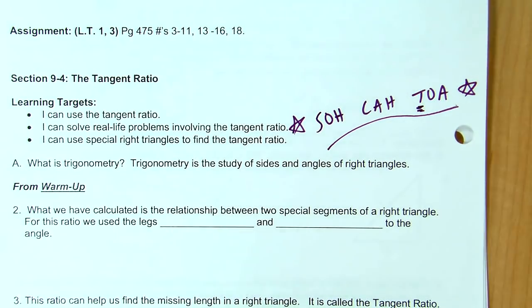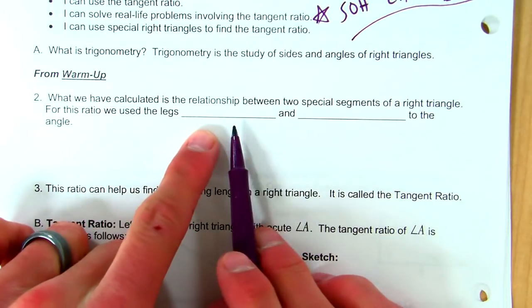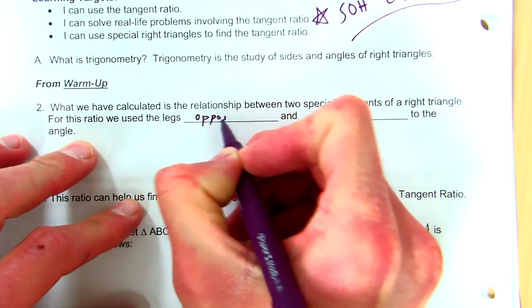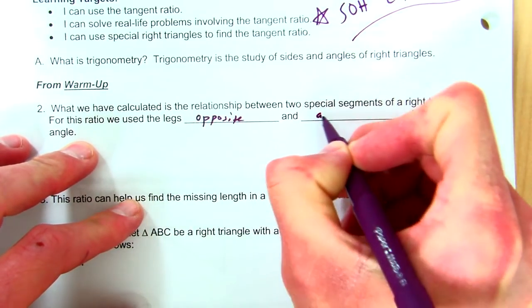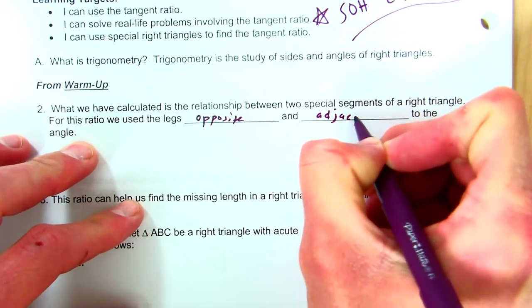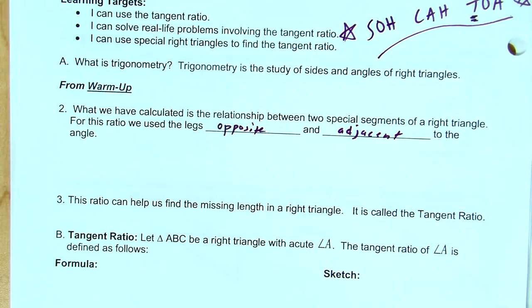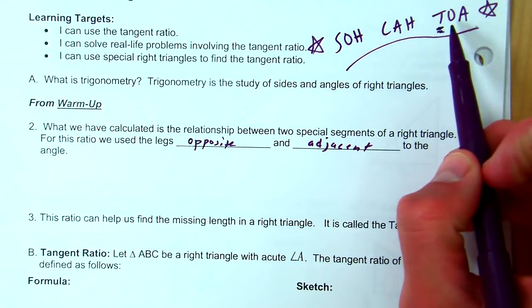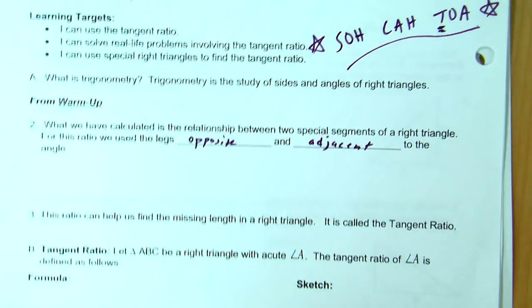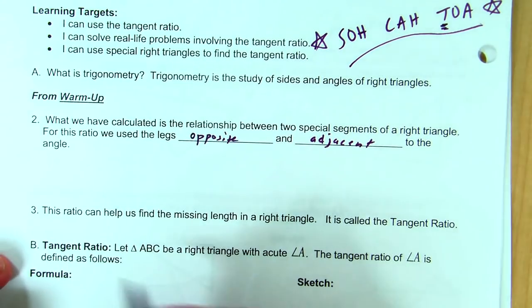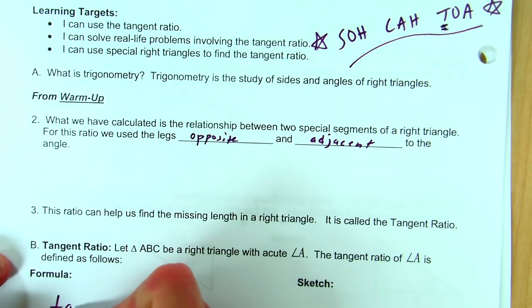All that means is it is the ratio of the legs opposite and adjacent to the angle. So if you're really astute, you can realize that O is going to stand for opposite and A is going to stand for adjacent.